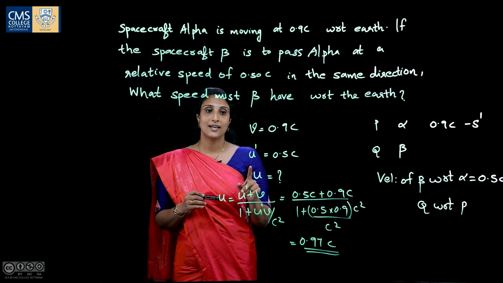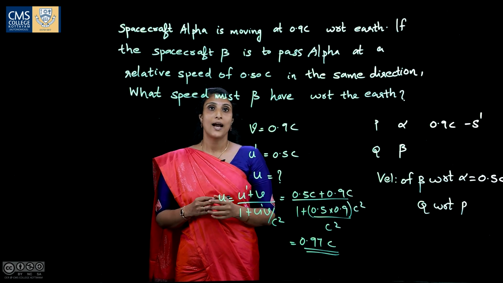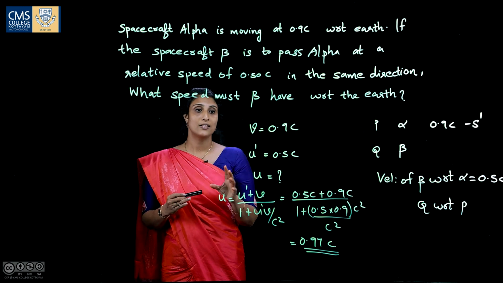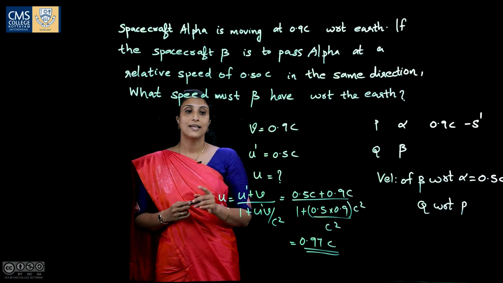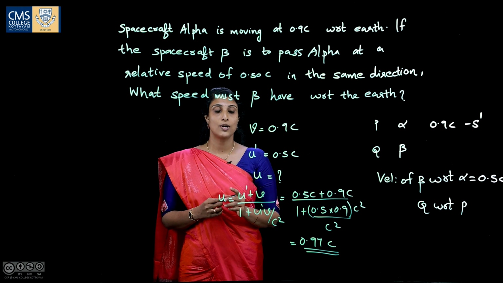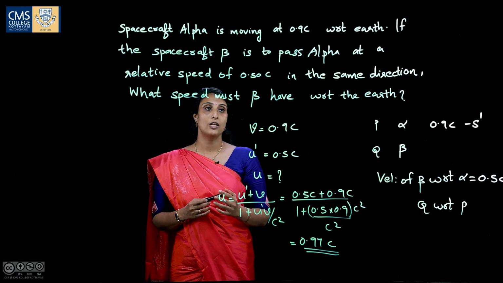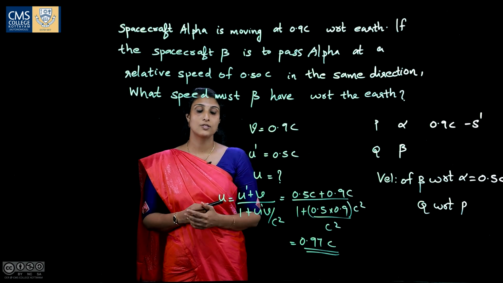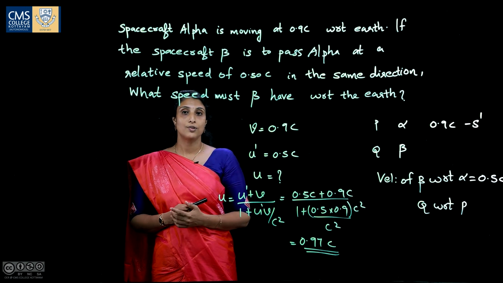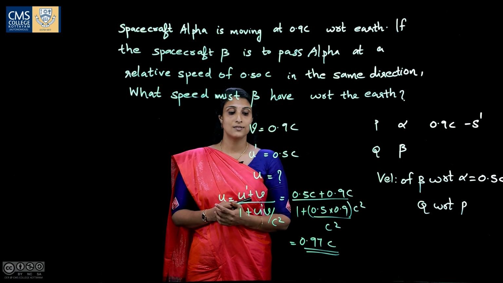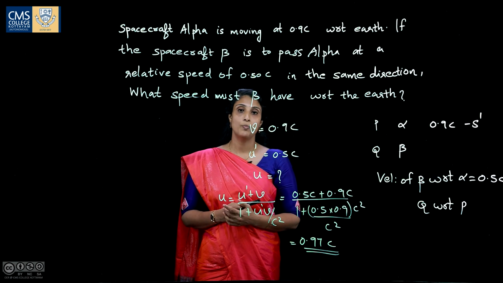So, we take v as 0.9 c, and the relative speed of beta with respect to alpha we take as u dash equal to 0.5 c. So, we have to find the proper velocity of beta. The proper velocity of beta can be found using the composition of velocities u, and we got the value 0.97.